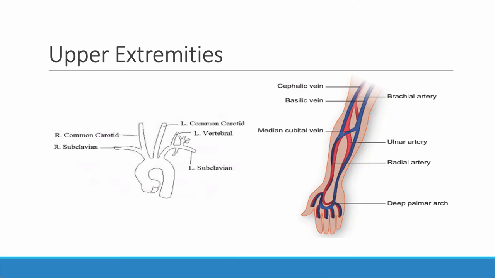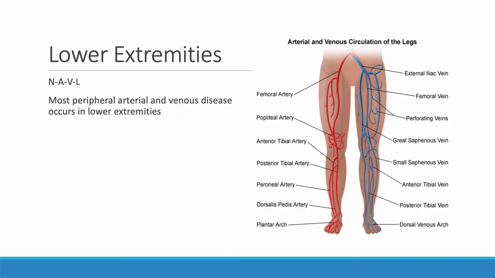It's just bizarre that vascular disease doesn't affect the upper extremities. Now, we do see DVT in the upper extremity if there's some instrumentation of the upper extremity vessels, subclavian lines or things like that. But by and large, we don't see arterial disease in the upper extremities. In the lower extremities, we do.